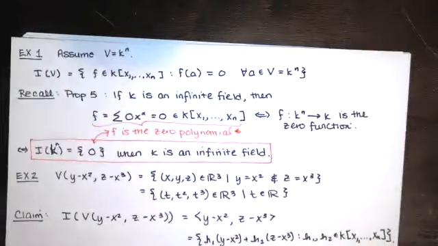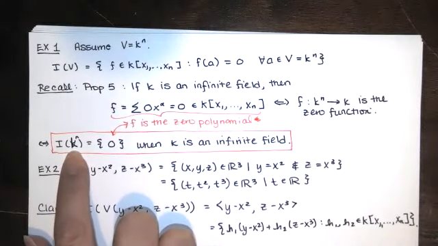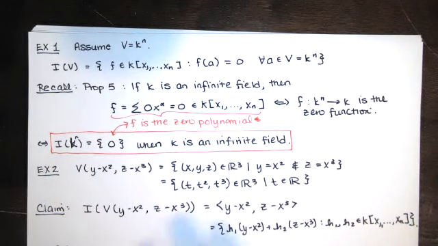And then we looked at a special example. If our variety happened to be all of n-dimensional affine space, we showed that the ideal of n-dimensional affine space is just the zero polynomial, as long as we're dealing with an infinite field K. That's just a result of proposition 5. And then we looked at an example involving the twisted cubic.